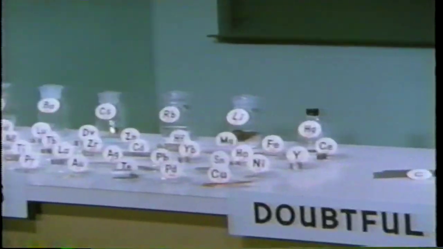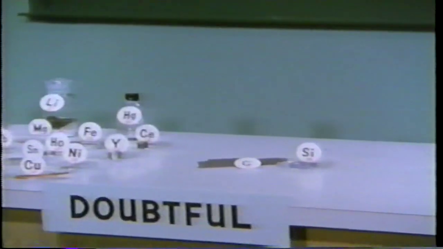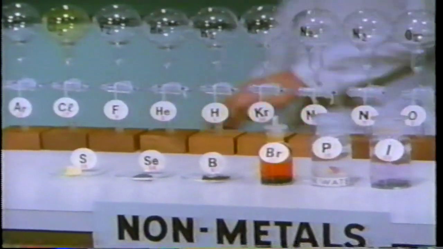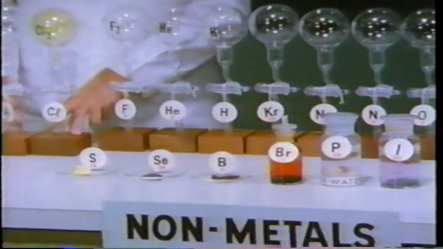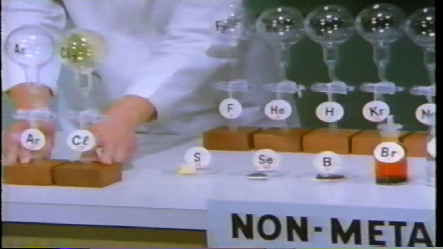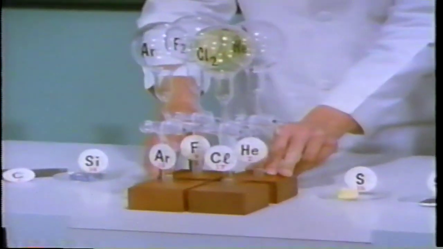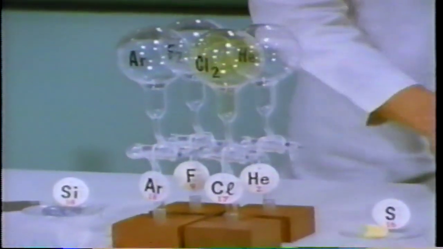Evidence is inconclusive about carbon and silicon. We identified 16 elements as non-metallic. We sort out the elements which are gases at room temperature. The atomic numbers shown in red indicate the number of electrons held by the individual neutral atoms.